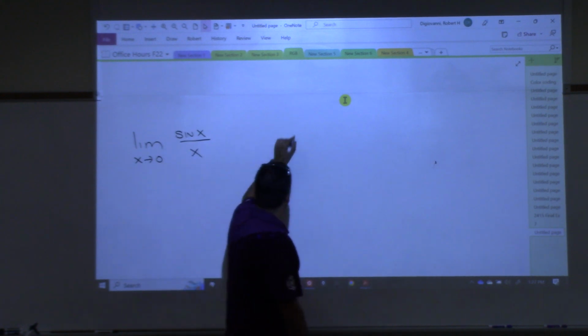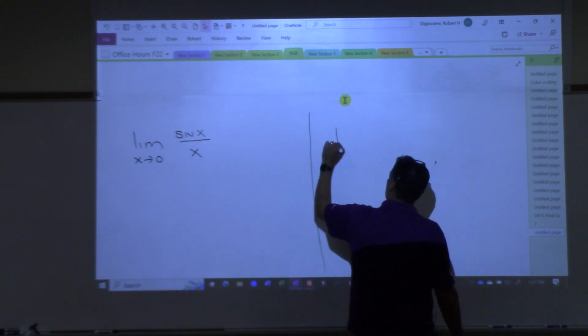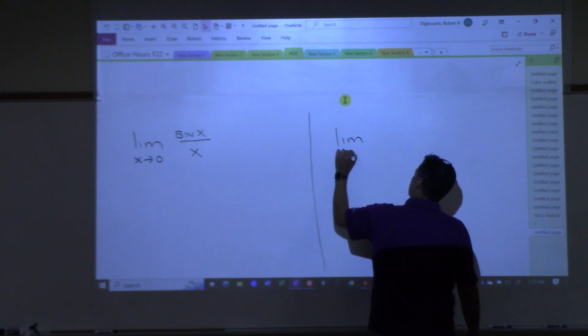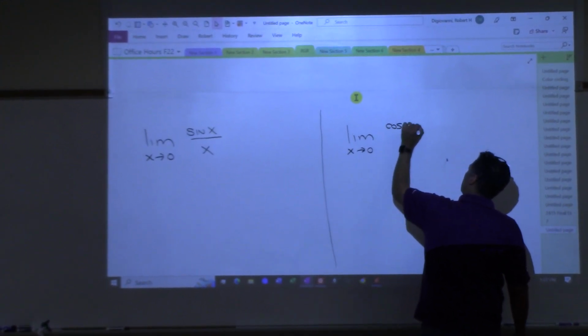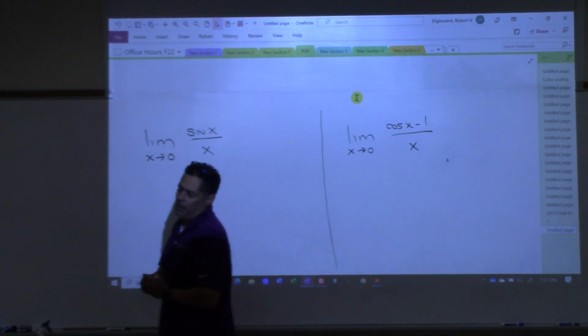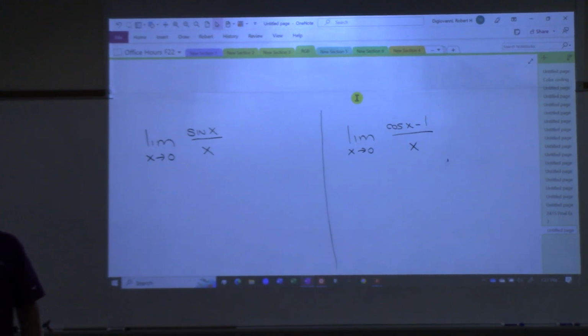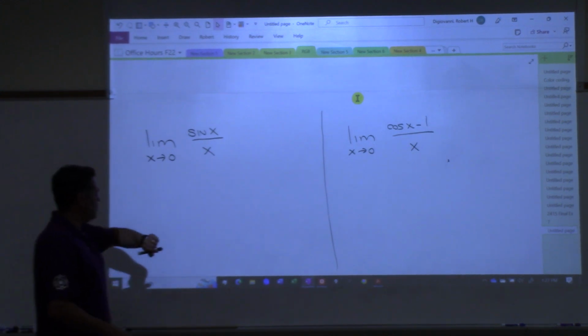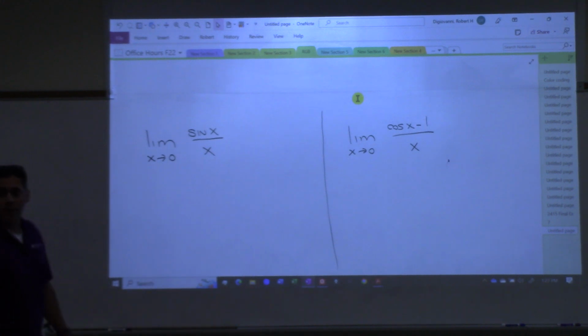I have another one over here: limit as x goes to 0 of cosine x minus 1 over x. These are two very important limits in calculus. They come up in different places, so it's pretty good for us to know what these limits are.